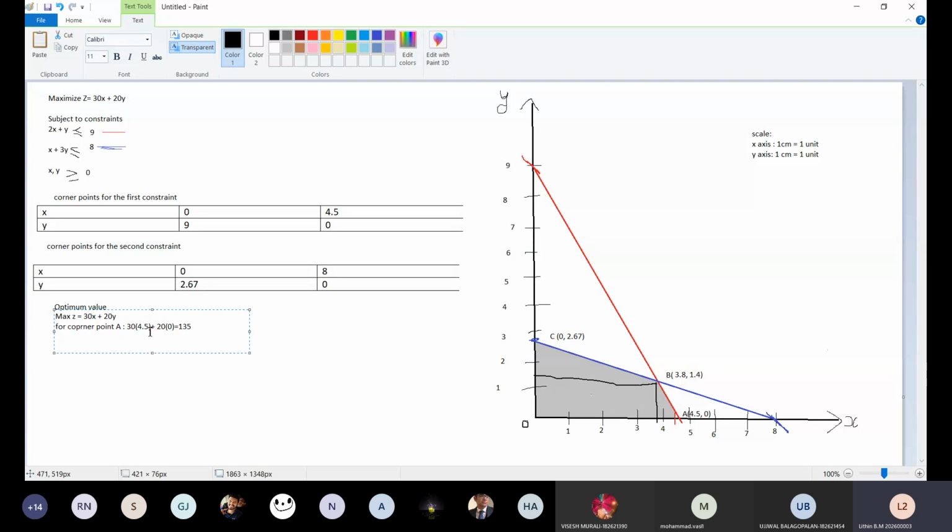Now for corner point B, that is 30 into 3.8 plus 20 into 1.4. Yes, 142. Very good.